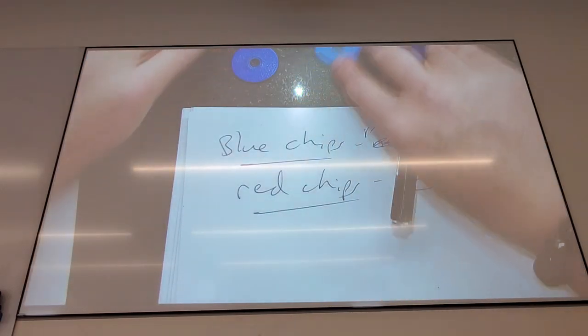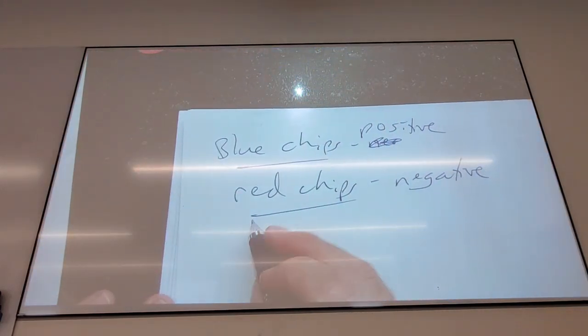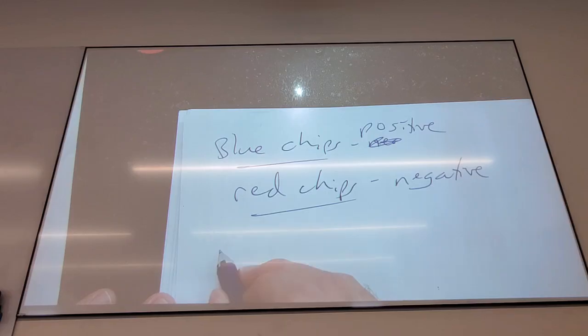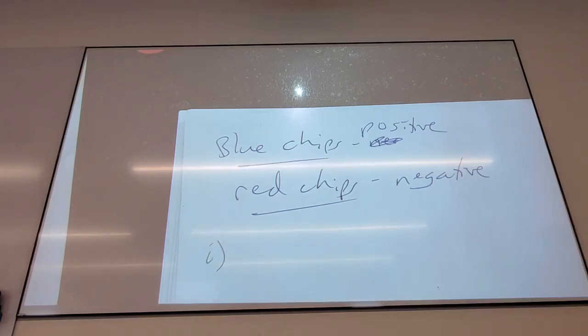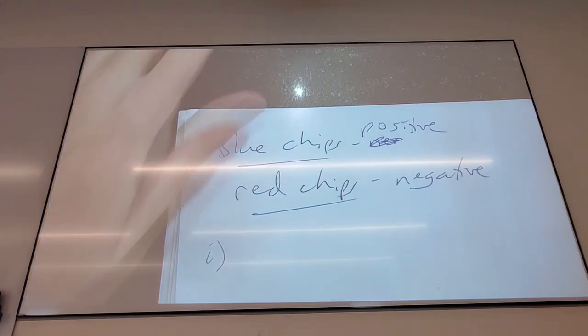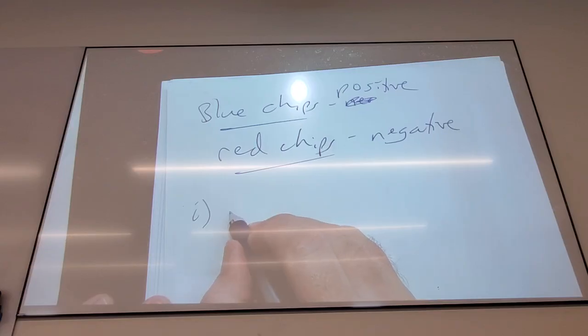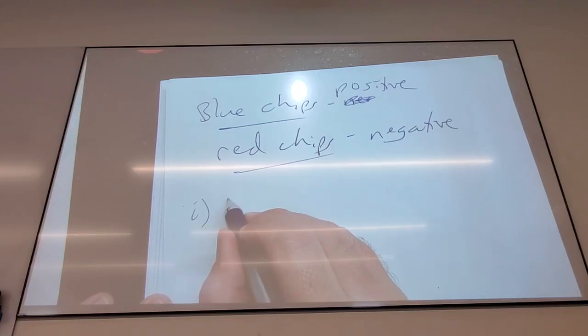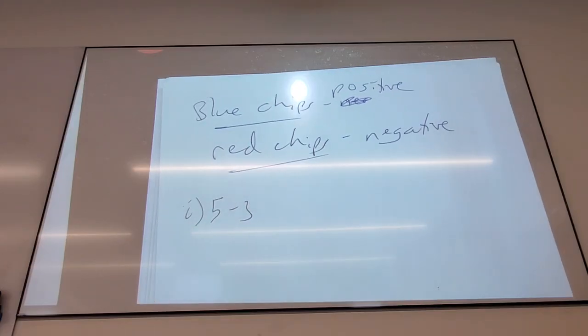Let's start off easier. Believe it or not, 2 minus 5 we have to build up to. 2 minus 5 is not an easy one to do physically with these chips. Let's start off really nice. 5 minus 3.